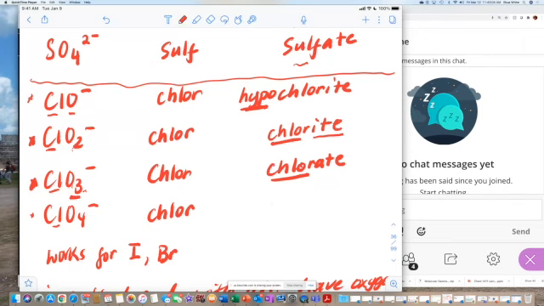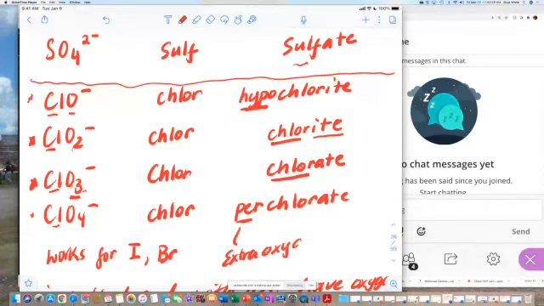But the per here communicates extra. I don't know why they left the hy part out, but that's what they do. Perchlorate. So per here stands for extra oxygen, even more than the chlorate. That's how I rationalize it.